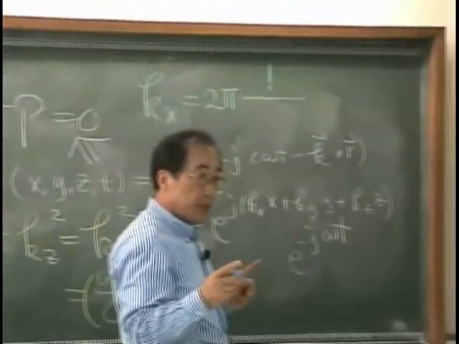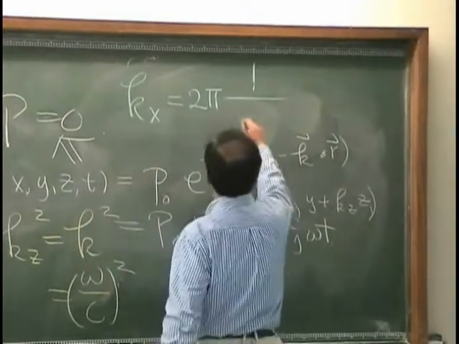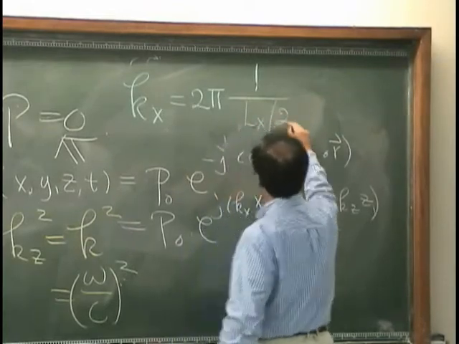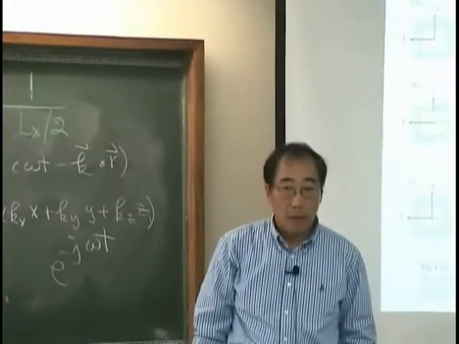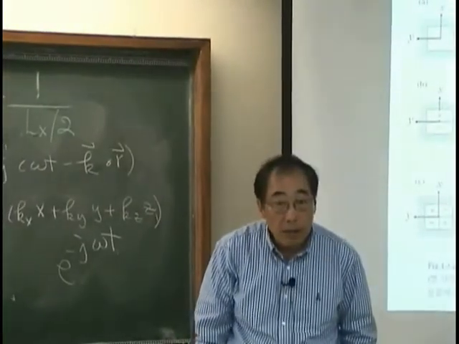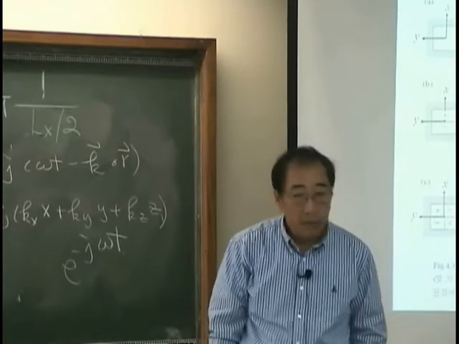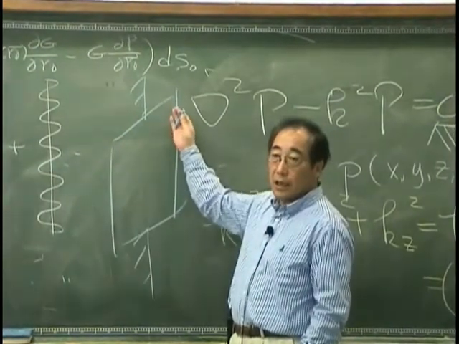If the length of the plate is Lx, then it should be Lx over 2. Or Lx, or 2Lx. Okay, the wavelength is this.